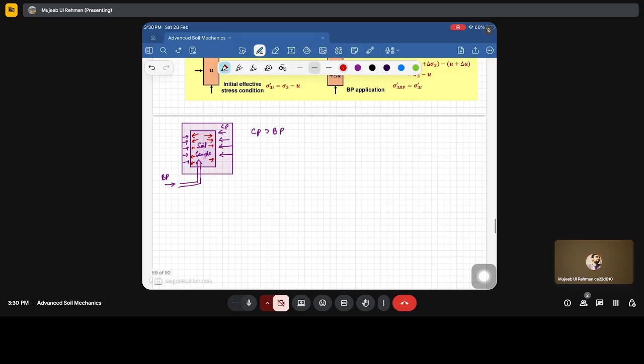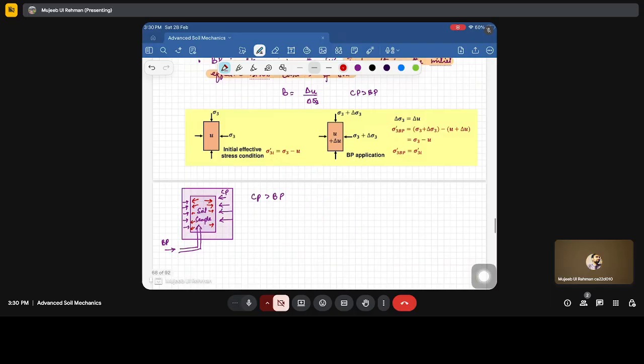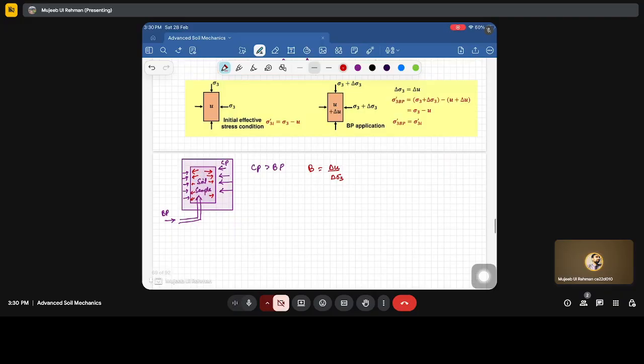So now, how do we calculate B as delta U by delta sigma 3? Once we complete mounting the sample, we apply a small amount of cell pressure.